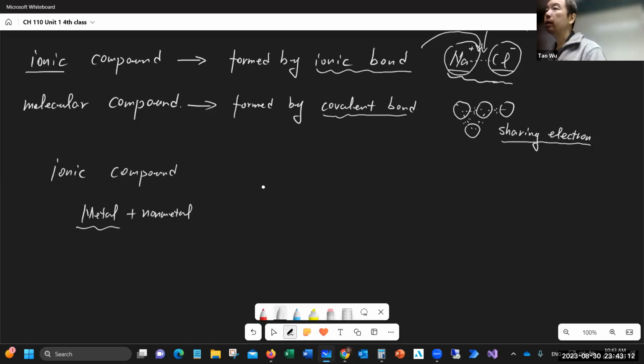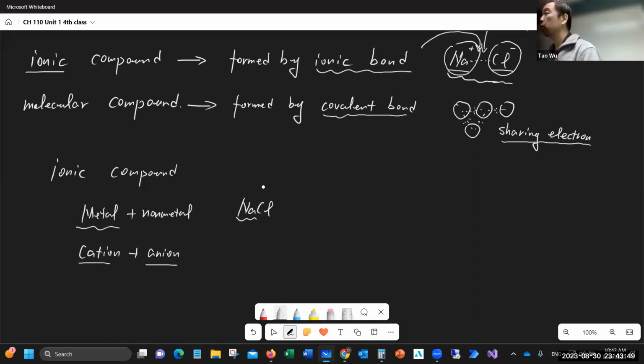The first element must be a metal, or a metal ion, or what we call a polyatomic ion. We will talk about this later, but it has to be an ion. The first one has to be a cation, and the next one has to be an anion. This is usually how we write a compound: cation first, anion later. This is an ionic compound, just like sodium chloride, right?